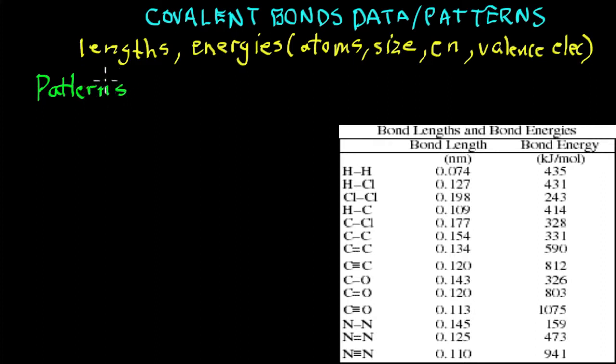Now, when we look at a data table, and I will emphasize this lots of times, the first thing you do is look at why the author put the table there. That's usually in the title or some descriptor.